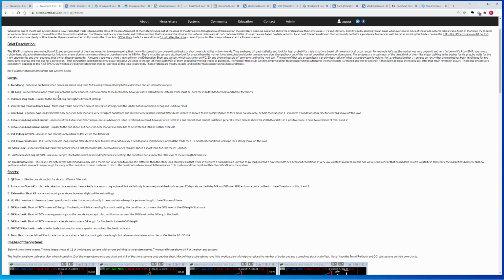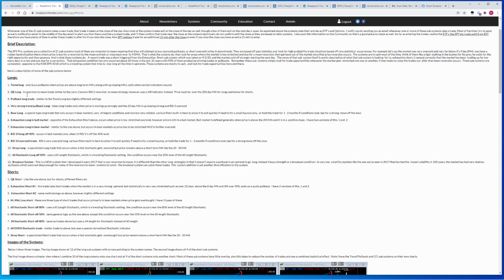Think of these as statistical type trades. They look for statistical odds, high probability type trades. They look for extreme examples in the past that don't happen very often. Maybe the S&P down 9 or 10 days in a row. That's pretty extreme. So it looks for those past opportunities.